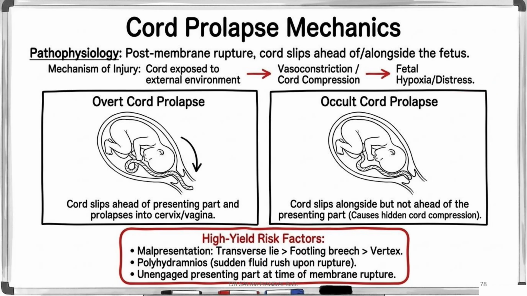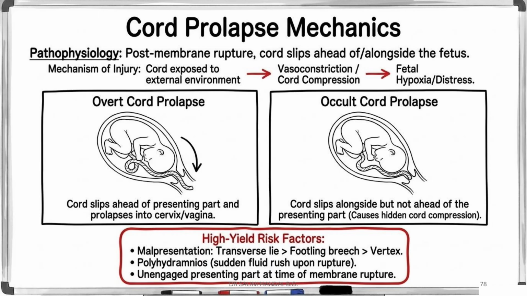Now suppose the cord slips ahead of the presenting part and prolapses into the cervix or vagina, we call it overt cord prolapse. But if the cord slips alongside but not ahead of the presenting part, then there can be cord compression.